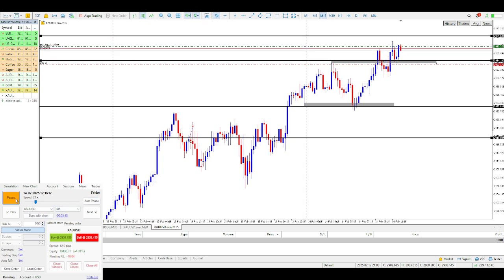The M15 closed with no top wick. And when it closes with no top wick, since I'm risking 0.5%, I could have closed 50% of the position.